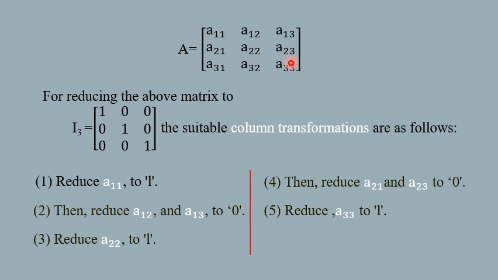In step 5, we have to reduce this element A33 to 1. And in last step, step number 6, using this third column, we have to reduce this element A31 and A32 to 0. So let us see some examples.